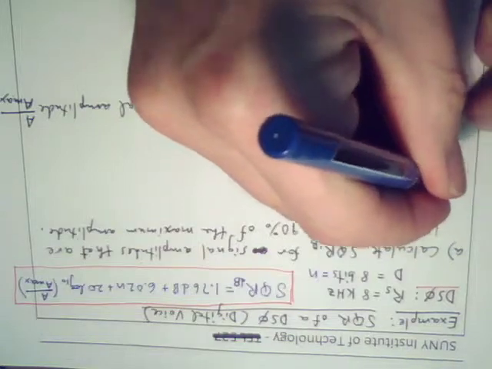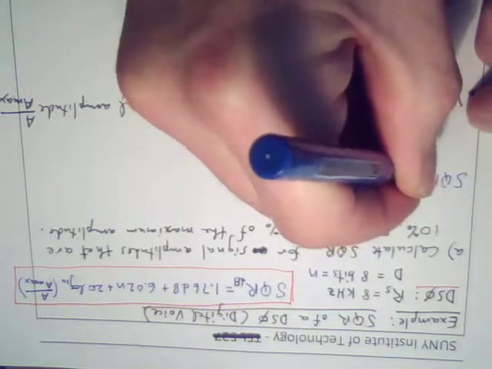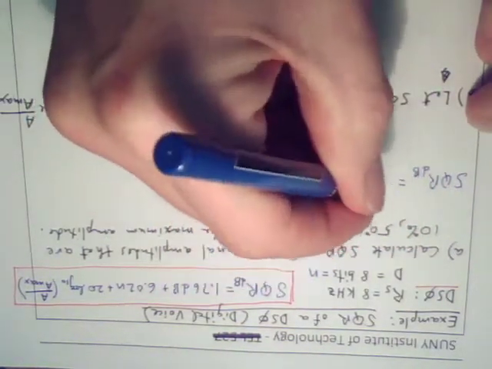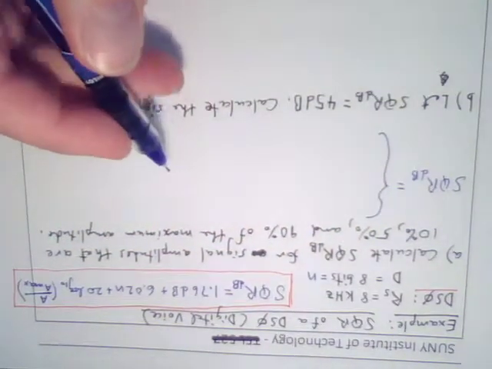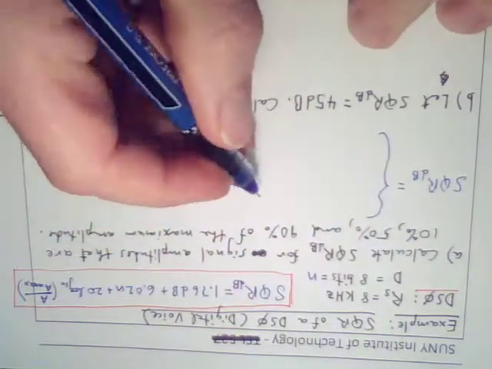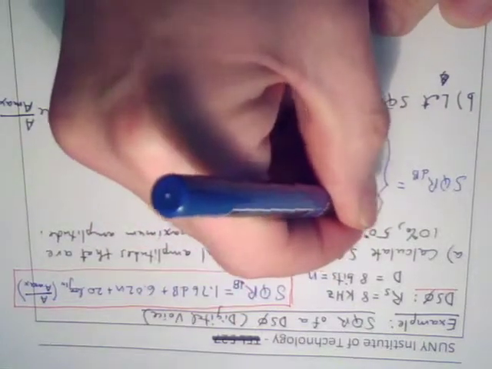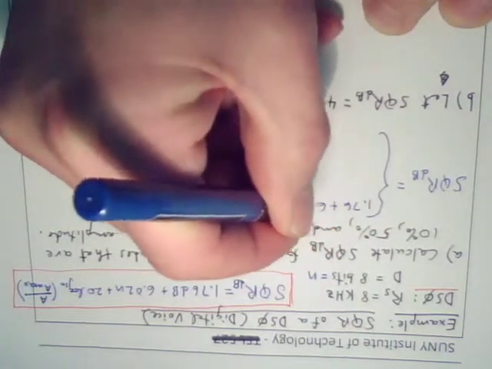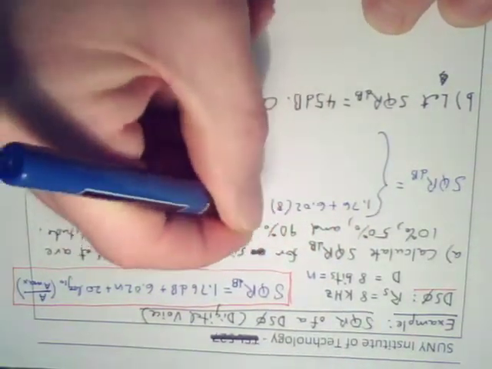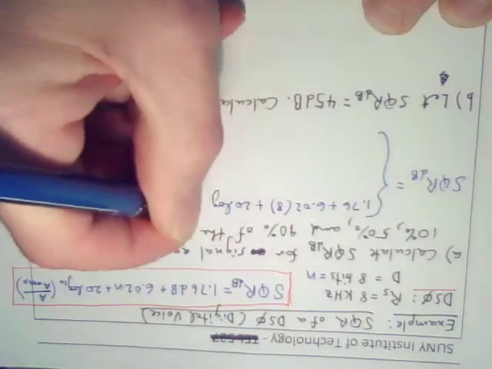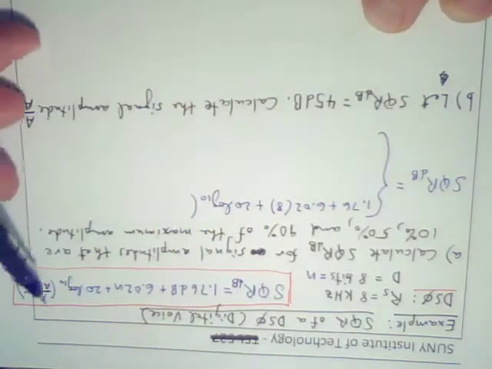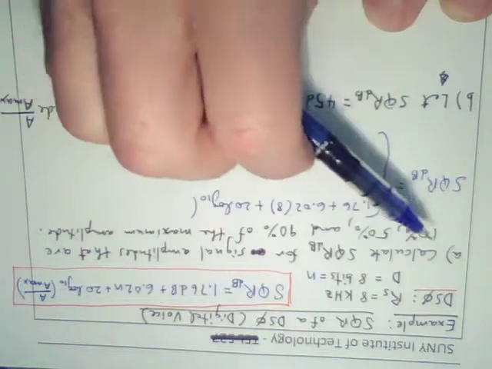I'm going to say that the SQR in decibel units is equal to, well, there's 3 cases here, so I'll just do 3 equations. And I'll go 1.76 plus 6.02 times 8 plus 20 log base 10. Let's see, A divided by A max is 10% for the first case, which is a 0.1.